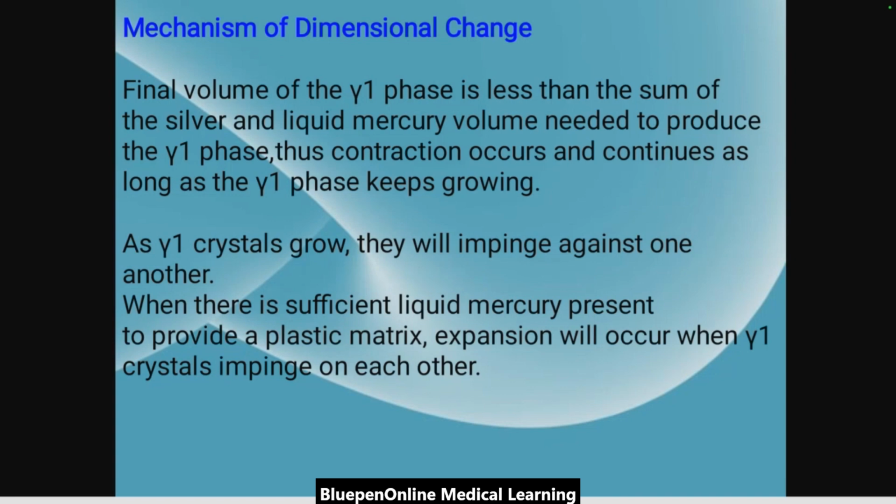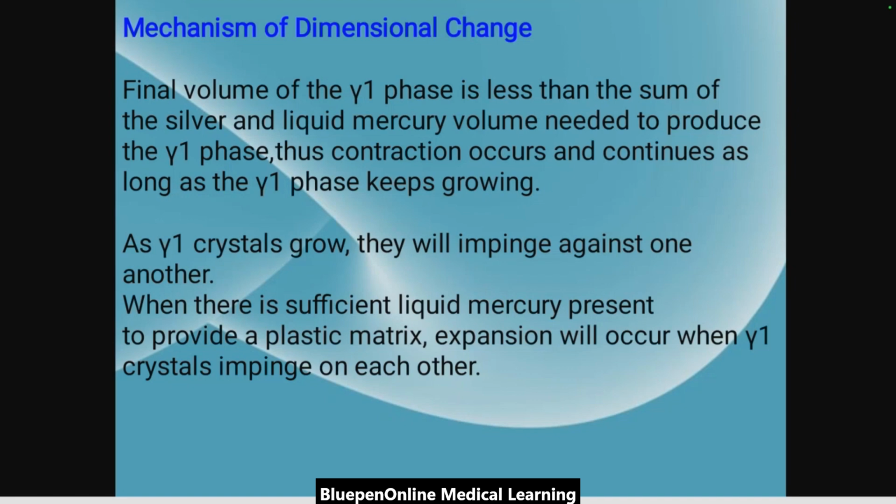So the final volume of gamma 1 phase is less than the sum of the liquid mercury and alloy volume. As the gamma 1 crystals grow, they will impinge against each other. So again, there will be contraction. When there is sufficient mercury present to provide a plastic matrix, then expansion will occur where more mercury is used.